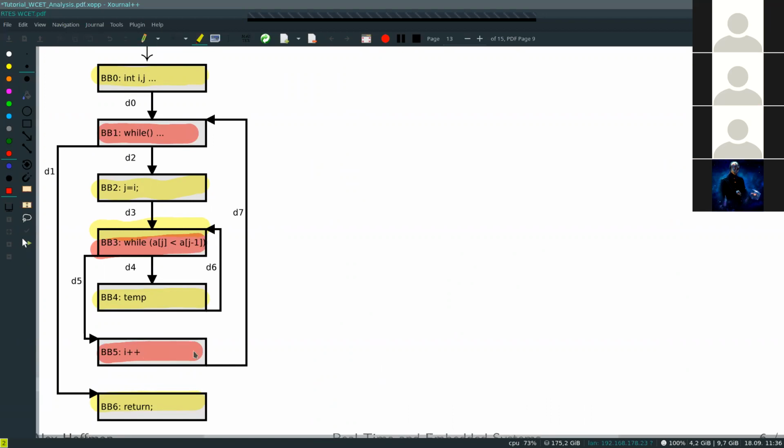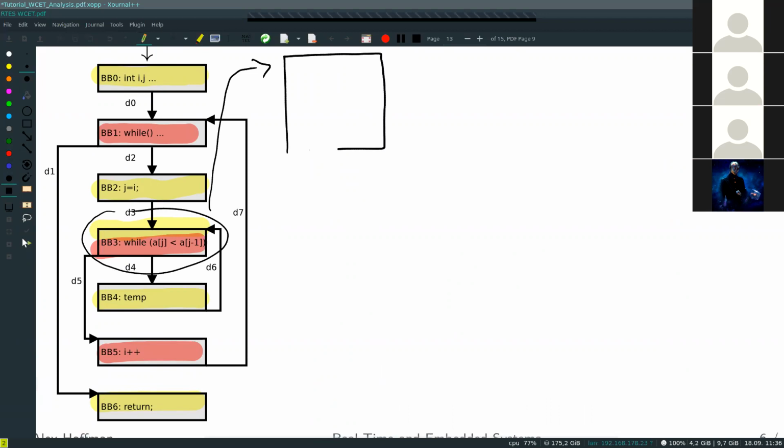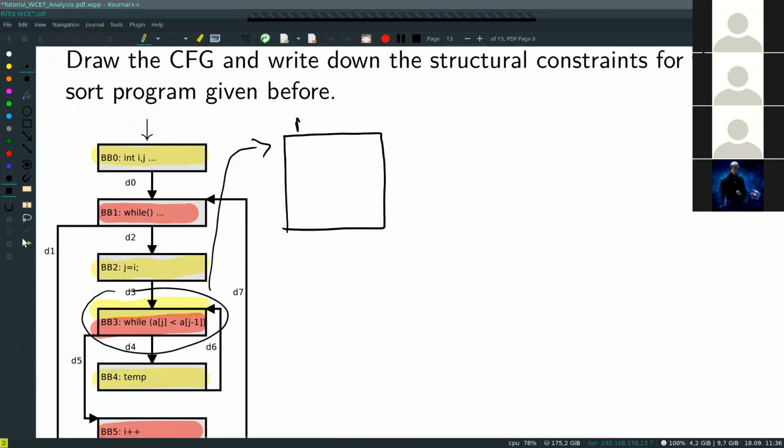And what this means is if we think about in memory, so this is like memory, and this is BB3 instructions.